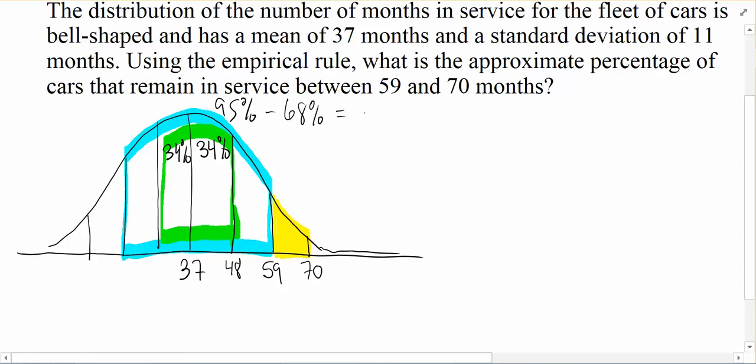So if we look at 95 minus 68, that's going to mean there's 27% that's spread out between those 2 bars that I have in turquoise. If there's 27% split between them, then each one would be half of that. And half of 27 is 13.5. So each one of those is 13.5%.